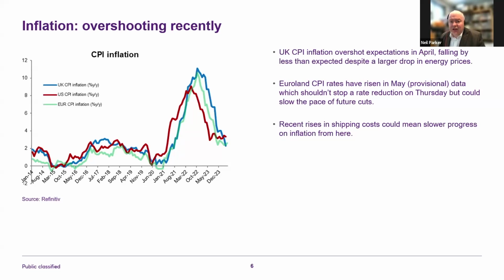we are getting closer to levels where I think the central banks would be willing to sanction monetary policy loosening. That said, the timetable that I've talked about previously remains broadly similar. So Euroland, the European Central Bank, expected to cut on Thursday by 25 basis points.